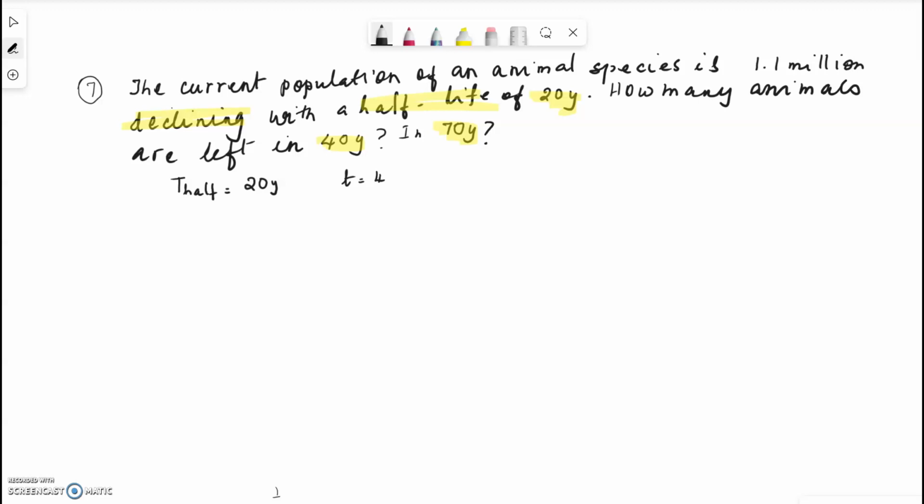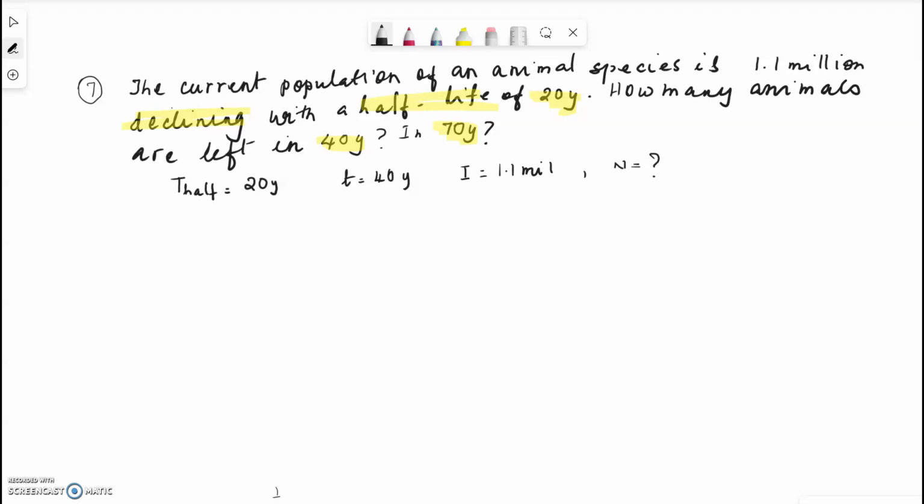So notice here, it doesn't say what fraction of the animals are left. It says how many animals are left. So basically, we are given an initial amount, 1.1 million, and we have to figure out what is the end result after 40 years.